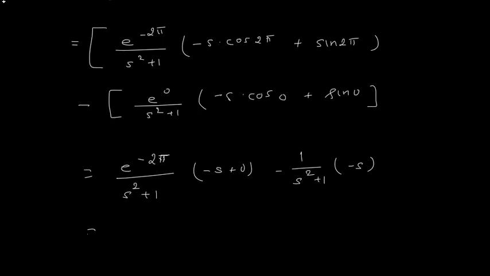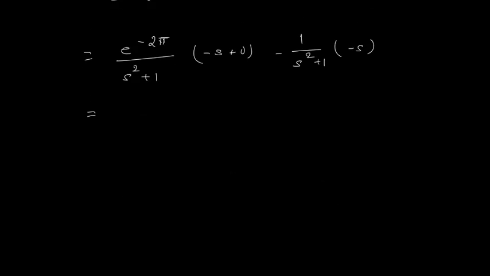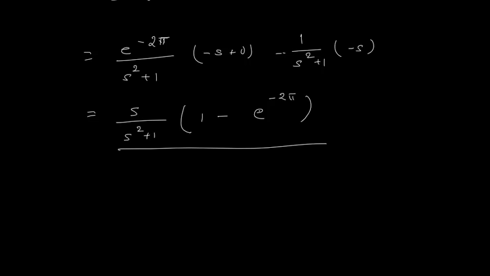So finally, you can see this minus minus plus, so s is common, and 1 upon s square plus 1 is common, I will take it out. Here I have 1 remaining, and here I have minus e power minus 2 pi, so 1 minus e power minus 2 pi. Okay, so this is your Laplace of f of t.